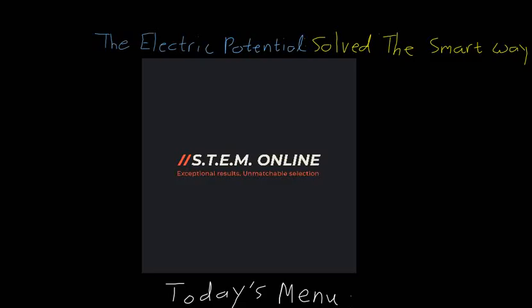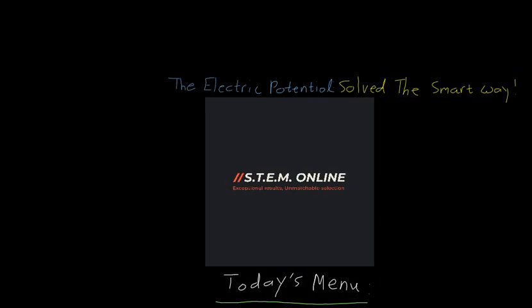Today, we're finding the electric potential of a charged ring, and I'm going to show you the smart and clever way to do it, the way that actually saves time on exams and builds strong physical intuition. If you've ever brute forced this with painful integrals, this video is for you. So let's get right to it.